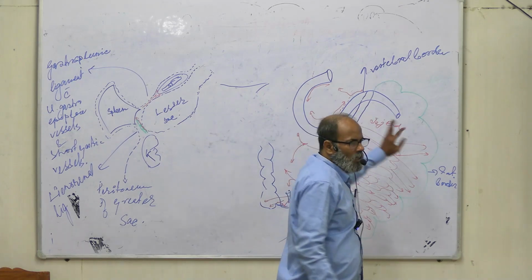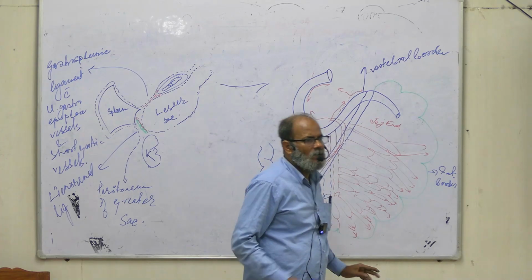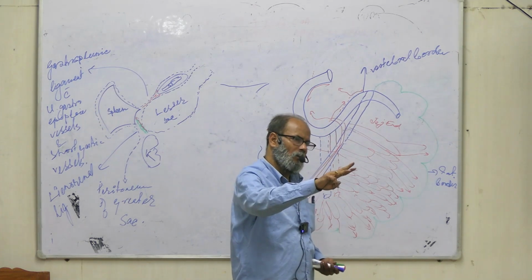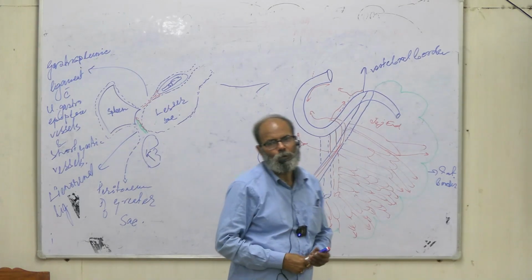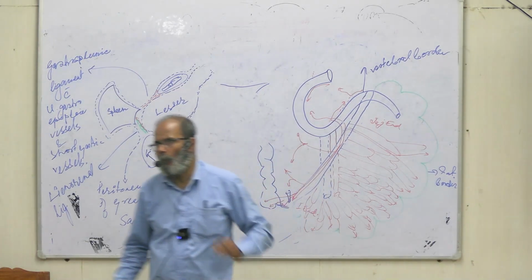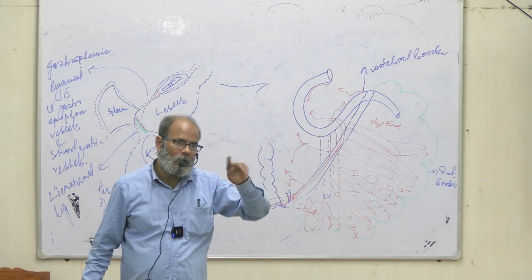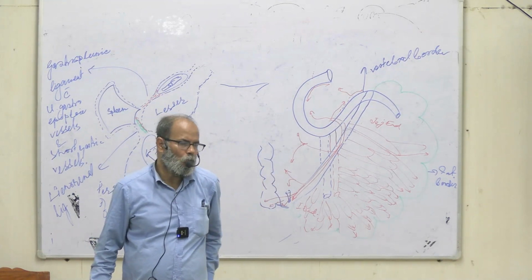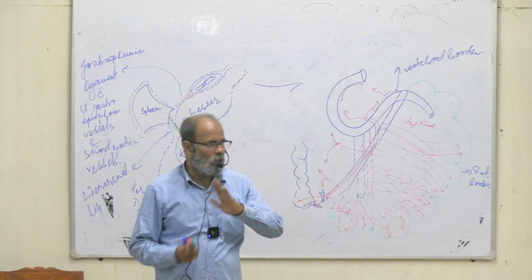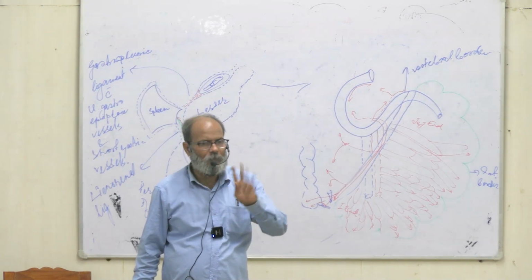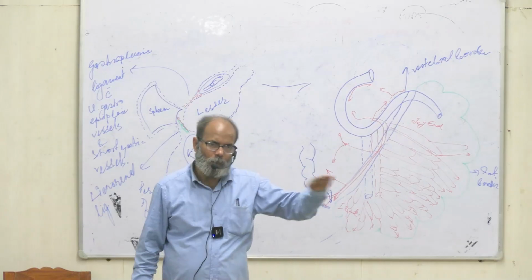Now, where does it start? The root of the mesentery starts from, write down 3 points, 1.25 centimeter below the transpyloric plane, 2.5 centimeter to the left of the midline. 1.25 centimeter, that is half an inch, below the transpyloric plane.